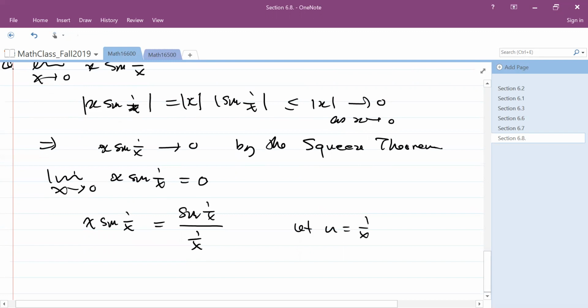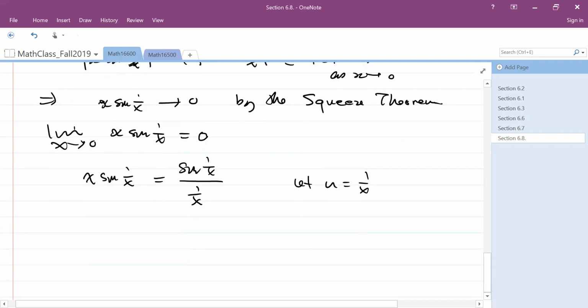This becomes sine u over u. If you want to use a substitution, there's a little bit of a problem, because you have to say x approaches positive 0 or x approaches negative 0, then u approaches infinity or negative infinity. We just focus on one side maybe.